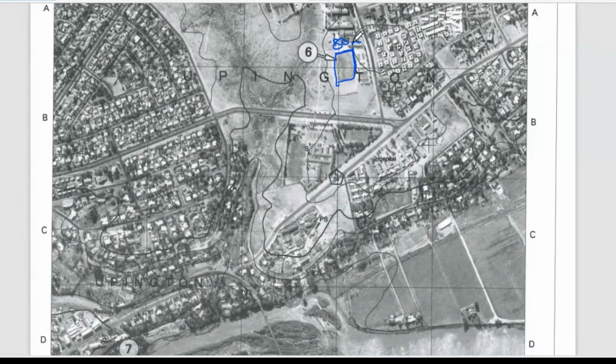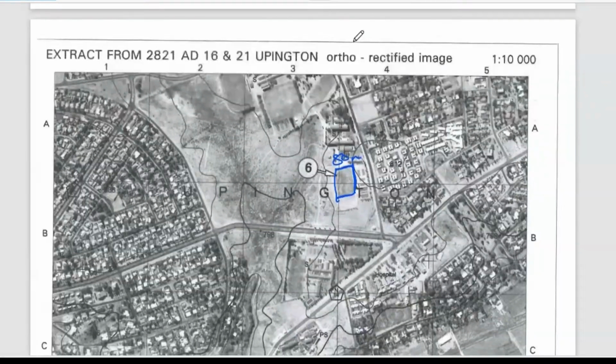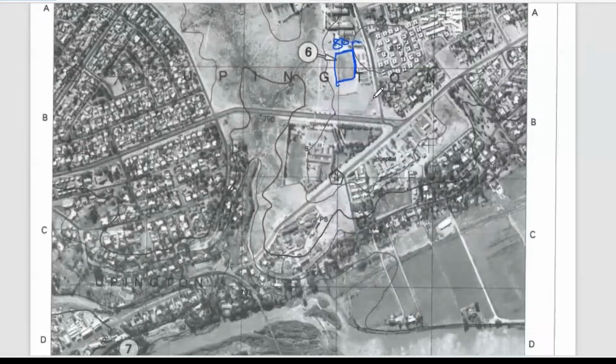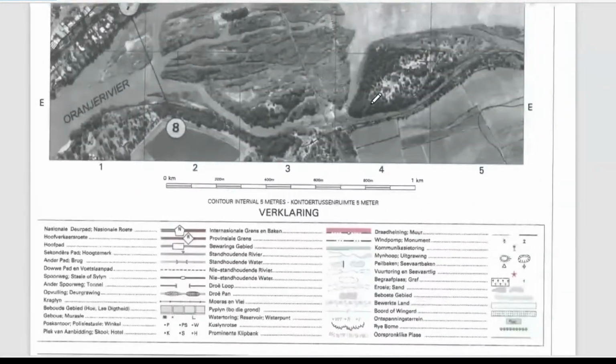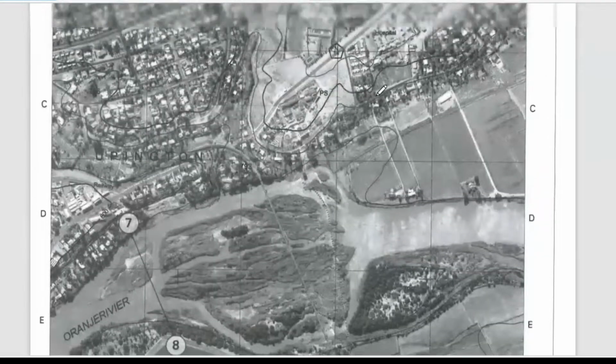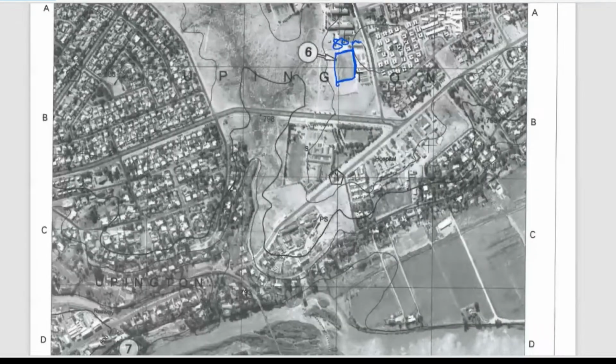How do you find the length? You measure your length using your ruler. You find the measurement from the map in centimeters, and remember to convert to the map scale. Our map scale is 1:10,000. We go back to our question paper.